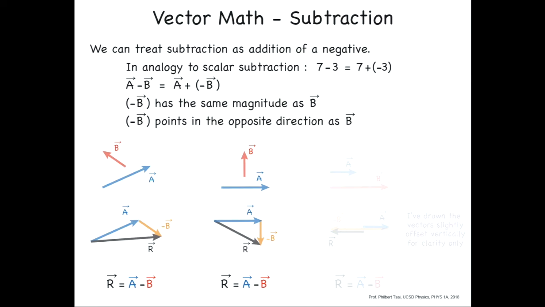And the other two examples that I had previously, but now I'm going to subtract instead of add B. Let's go back and look. Okay. Here you see that taking A and subtracting B gave you something that was an arrow about half the size of B and pointing to the left.